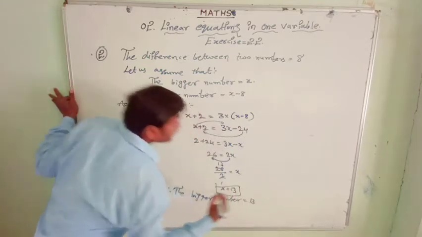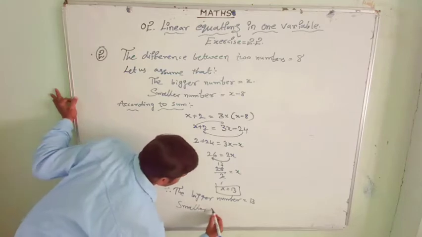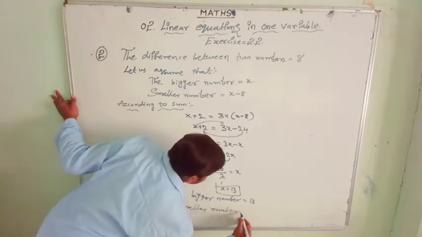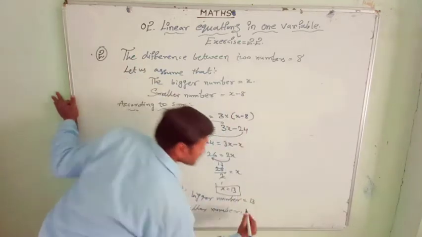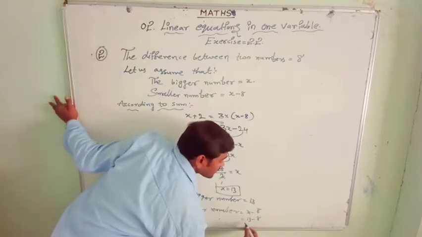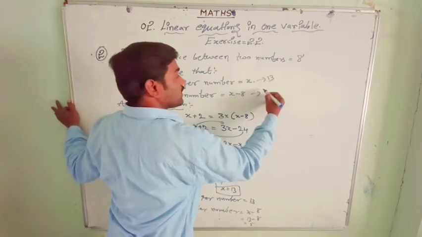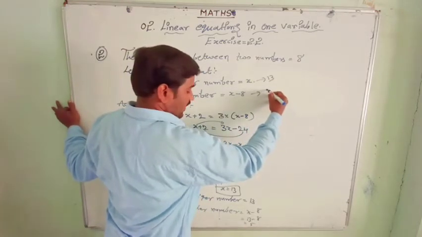The smaller number is x minus 8, that is 13 minus 8, which is 5. So the bigger number is 13 and the smaller number is 5.